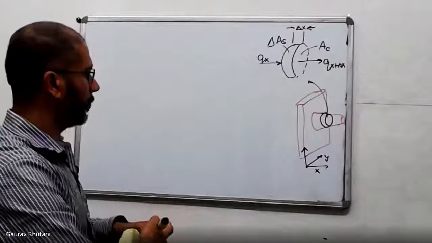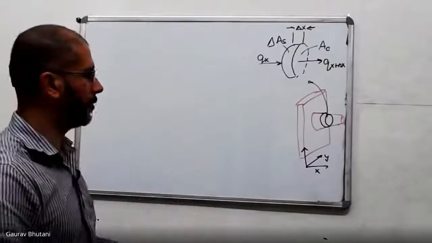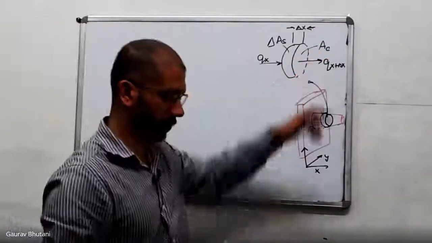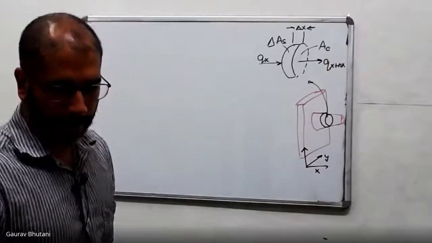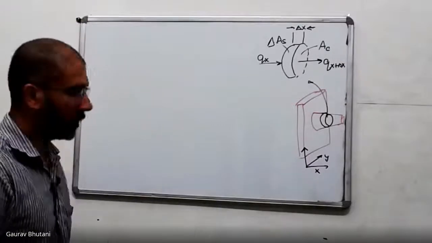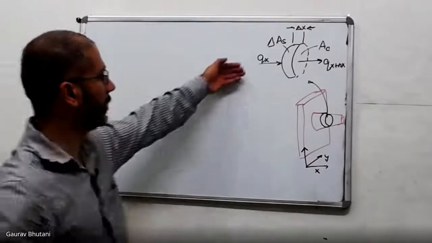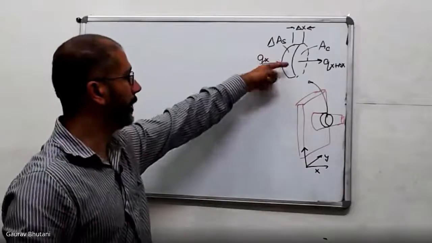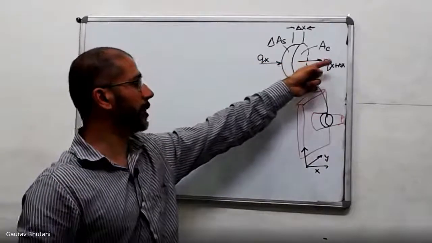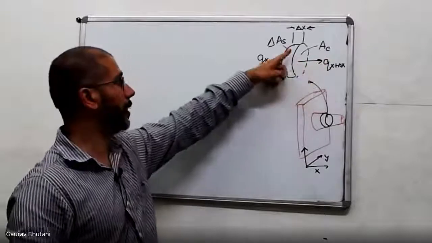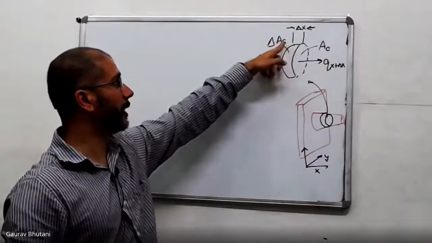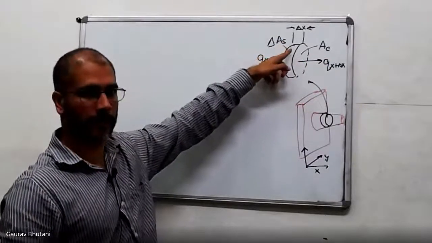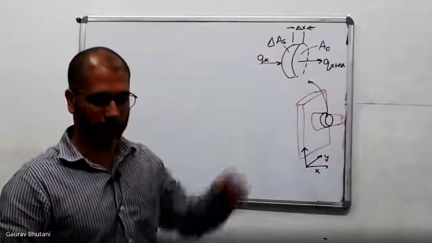It may be a constant if you have a cylindrical fin, but for this pin fin kind of situation, your AC is a function of x. All right, so let's do the energy balance. The energy balance is: some heat is entering, and that heat leaves partly as conduction and partly as convection from the lateral surface, convecting through delta AS in this case.